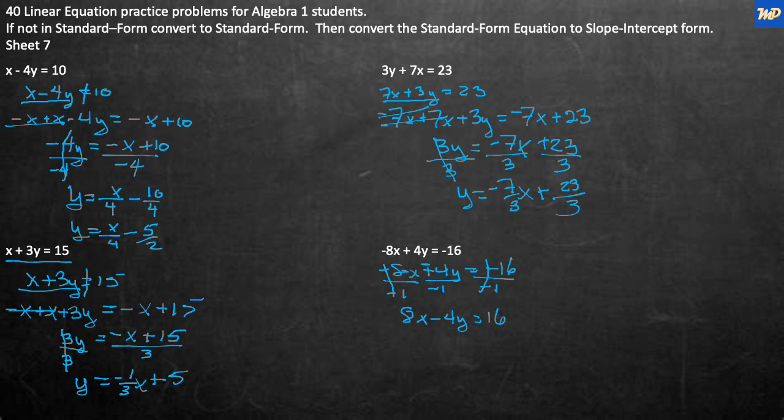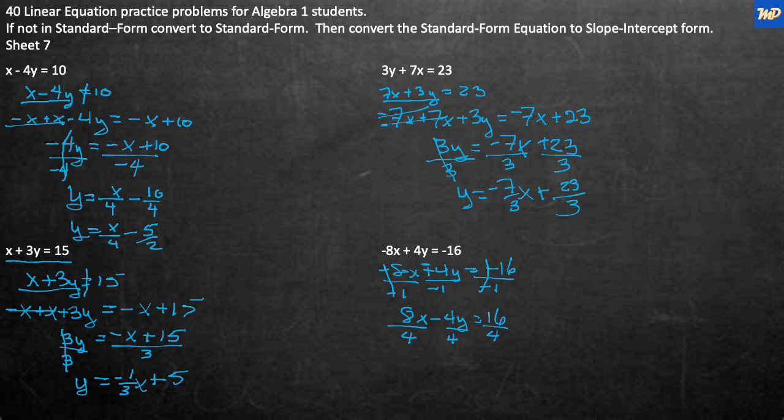Okay? So now there is a common factor in here, correct? The common factor is a 4. We can take out the 4. So we have to divide everything by 4 because we can't have any common factors amongst the 3 terms. So we're going to divide this by 4, this by 4, and this by 4.